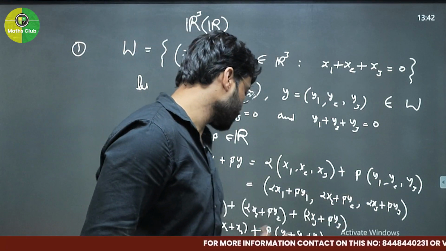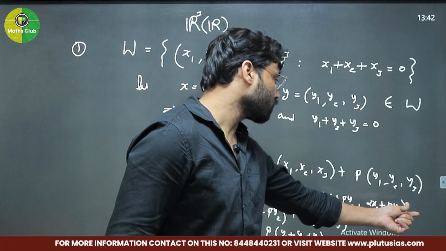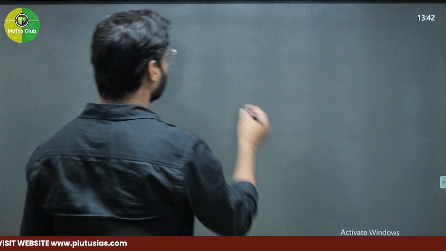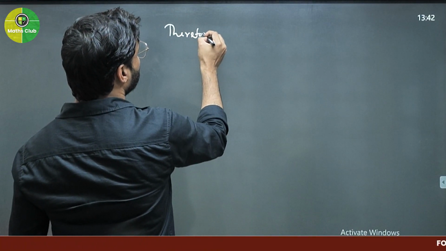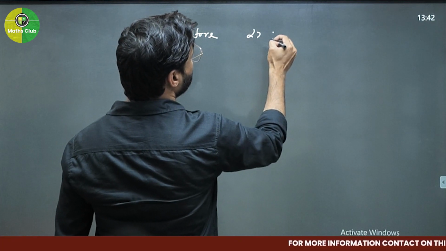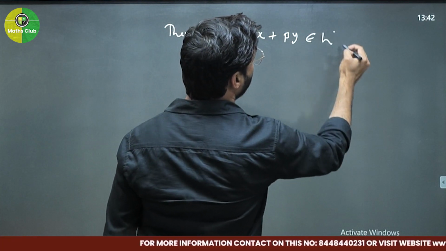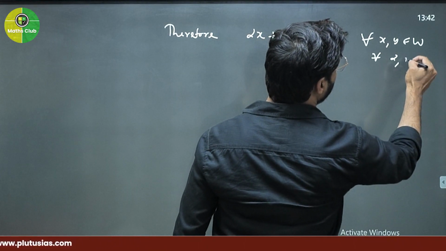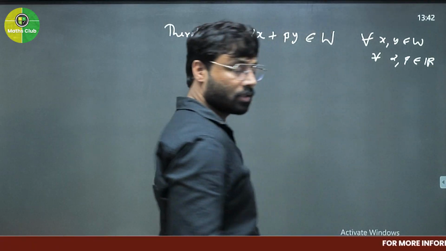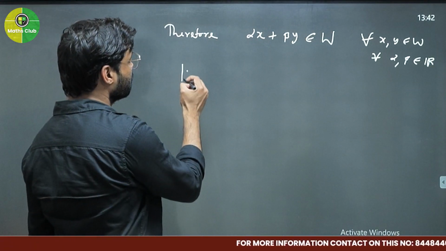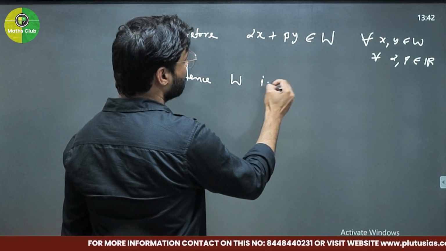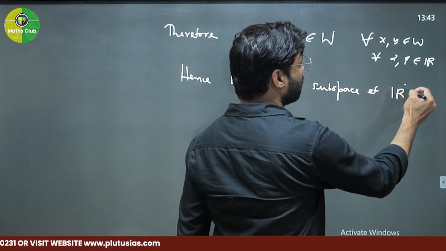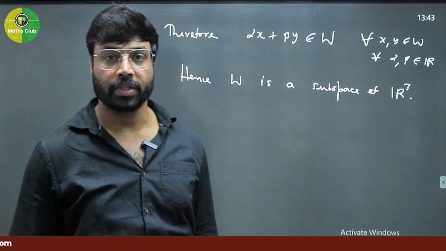That means this element belongs to W. That means alpha x plus beta y belongs to W for all x, y belongs to W and for all alpha, beta belongs to R, the field. And hence W is a vector subspace of R^3.